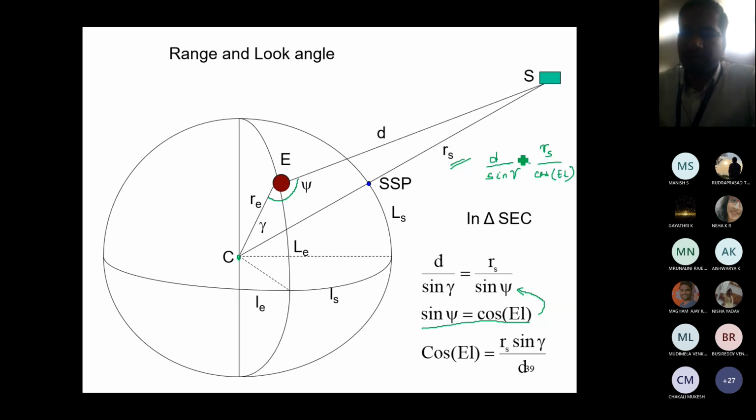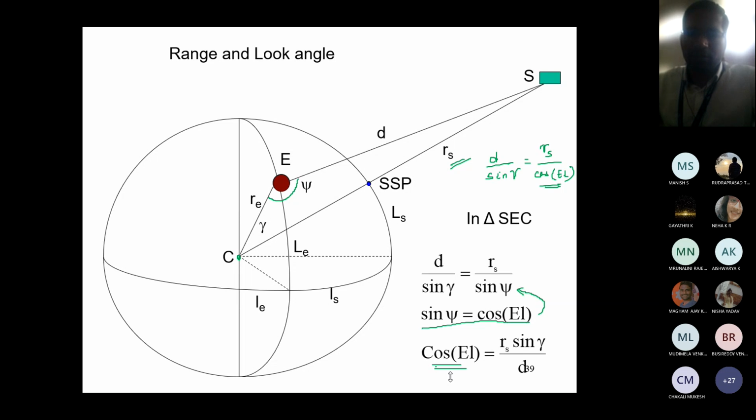Now by doing the cross multiplication, I can write cos elevation is equal to Rs into sine gamma divided by d. So this is what I have written, Rs into sine gamma divided by d. So that is the value of cos elevation.